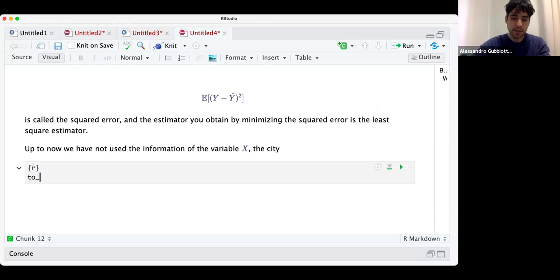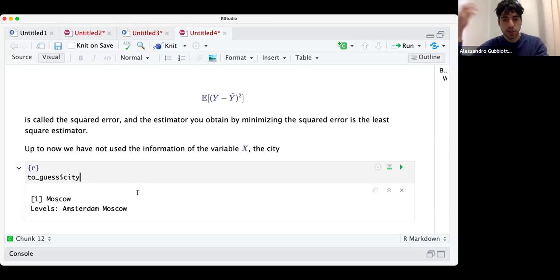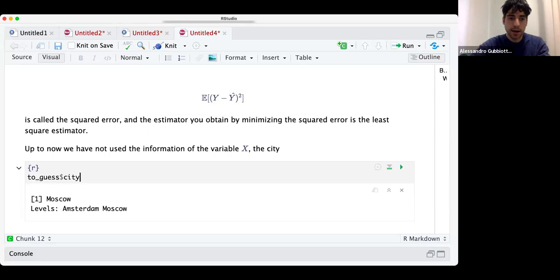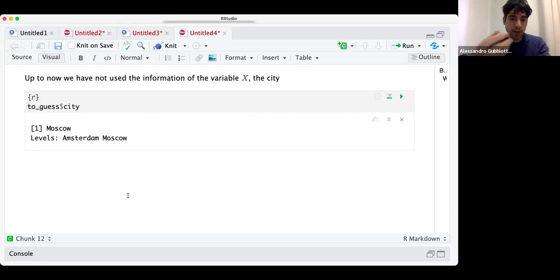It's Moscow. We have chosen the data in such a way that Moscow citizens were shorter. So let's try to compute the mean, but now we have this additional information. Since our state of knowledge has changed, we have observed x equal to Moscow.